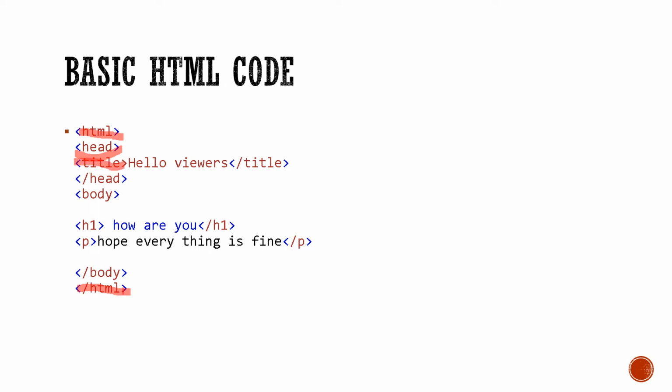If you write hello world, hello viewers, like this, it shows in the URL bar. This was the body. Here we write the content of the HTML, which is displayed in the HTML page. This was the basic HTML code.